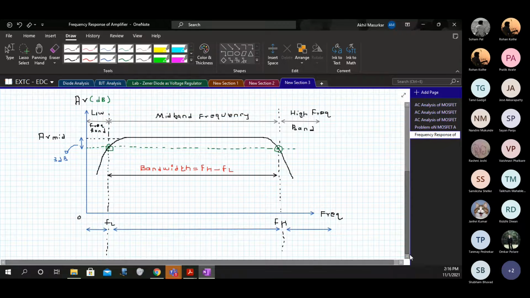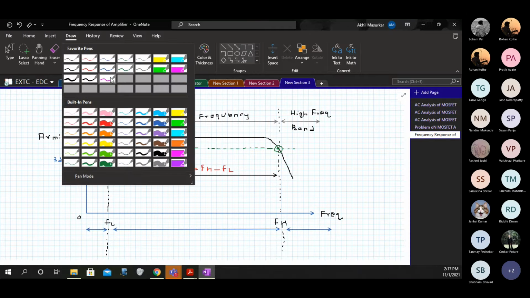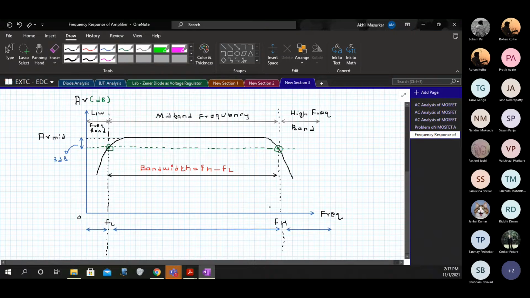Now this fall in gain at high frequency is mainly due to the capacitances CGS and CDS, which are internal to the MOSFET.